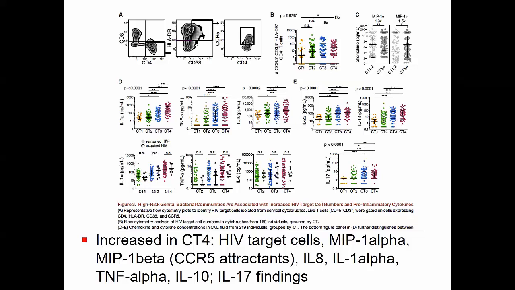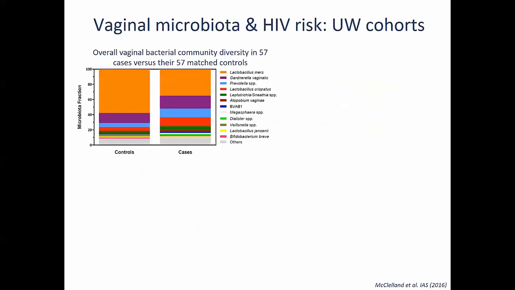The other thing that this group did, which I mentioned, was to look at HIV target cells in cytobrushes. I think I said biopsy, but I think they got cytobrushes here. What they showed, which you can take a look at, are the trends with increasing diversity of bacteria, but also increases in many of the inflammatory mediators that we're talking about as we think about risk of HIV.